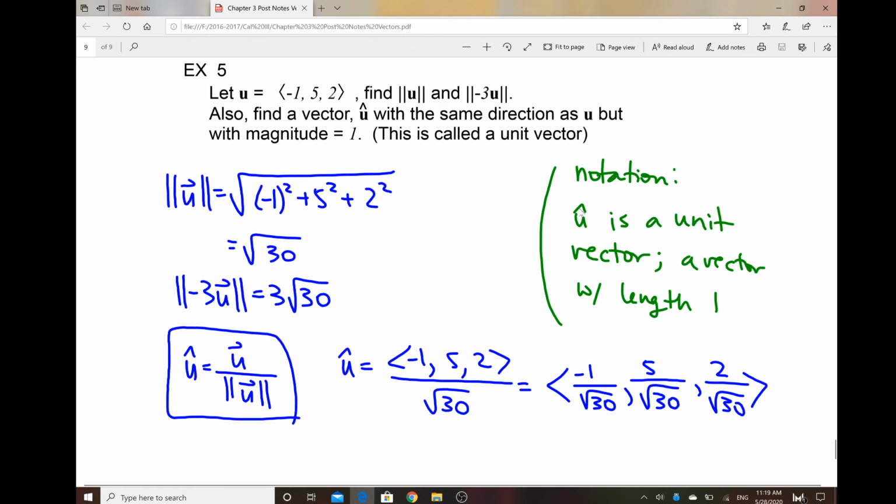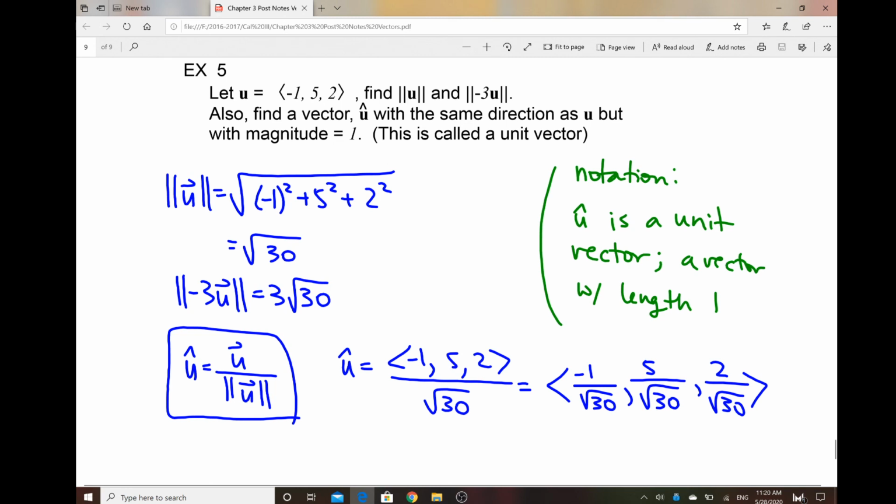If you see the little cap like this, a little caret sign, that means u-hat, a unit vector, a vector with length 1. The way to find the unit vector, by definition, the formula is the vector u divided by the magnitude of vector u.